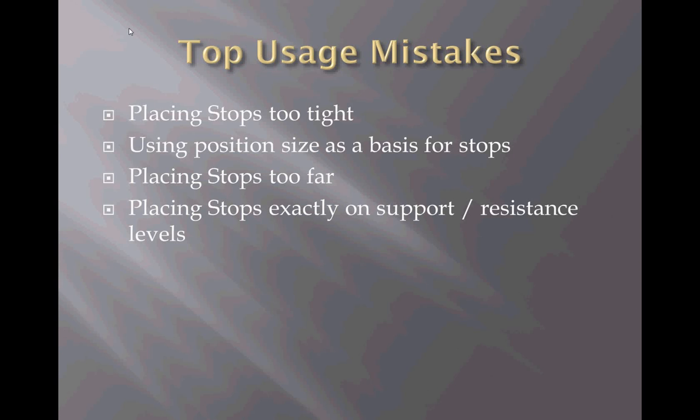Even if you are right in predicting the price would bounce from that area, it's a possibility that the price will still dip 10 to 15 pips lower than your entry price before popping higher, probably until 147. But guess what? You weren't able to rake in that 200 pip profit because you got stopped out in a jiffy. So don't forget, give your trade enough breathing room and take volatility into account.